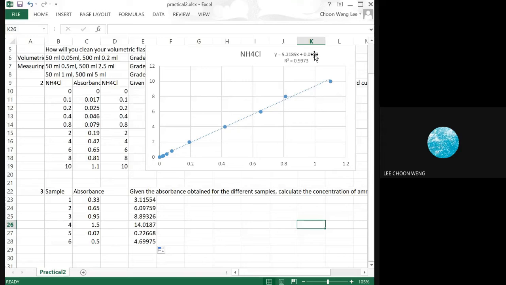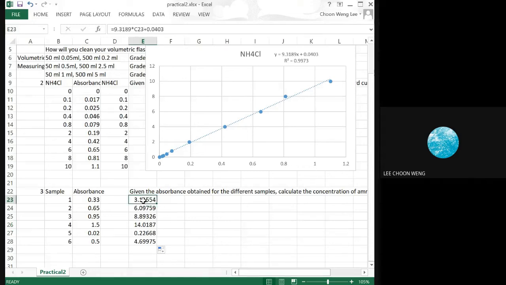This is the equation for the line, the standard curve line. So Y is your concentration, X is your absorbance.